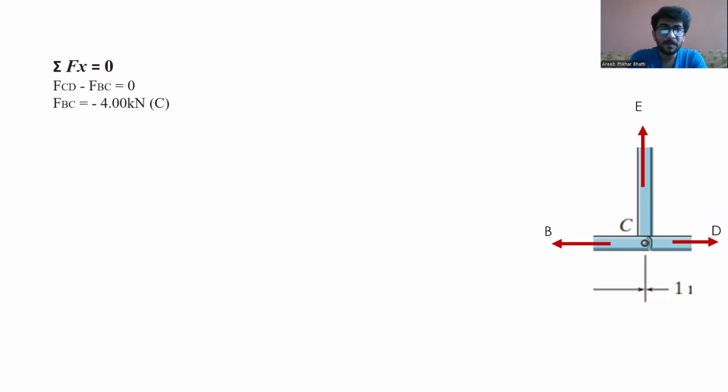So we get the force in member BC, which is equal to minus 4 kilonewton. And you see this member is in compression. And when we take the forces in y direction, we get force EC, which is equal to 0 kilonewton.